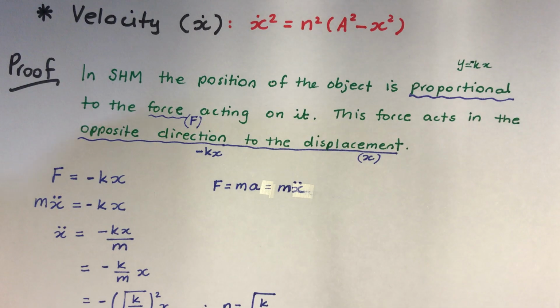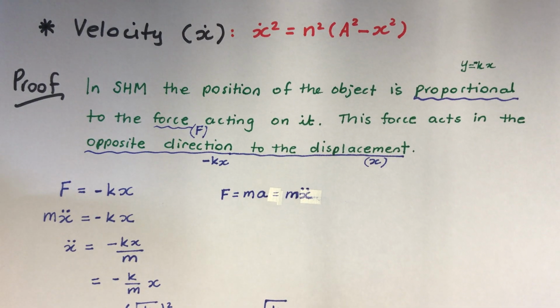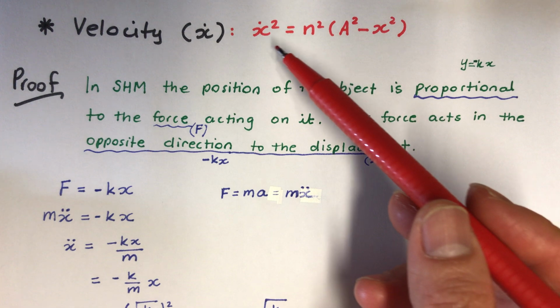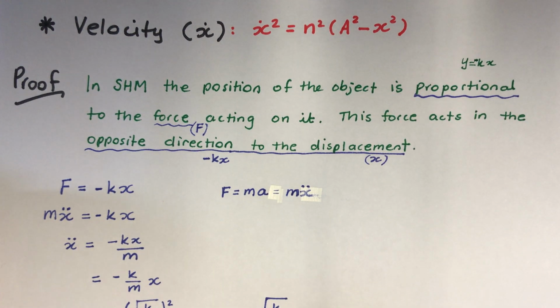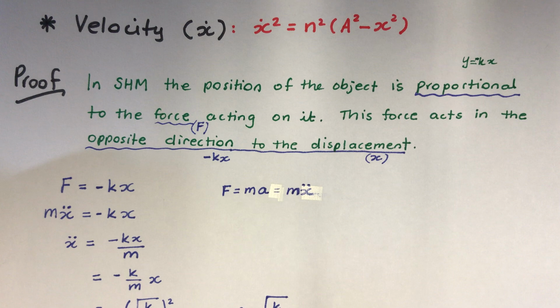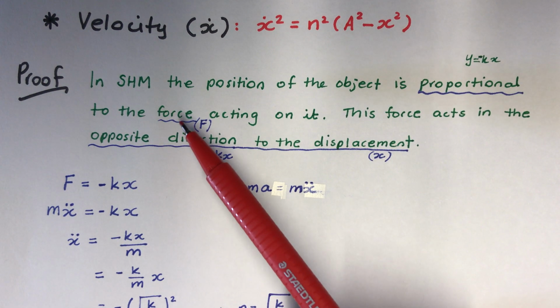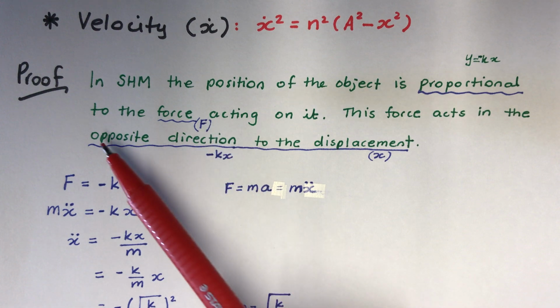Okay, we just looked at the acceleration, now let's have a look at the velocity. So we need to prove this. In simple harmonic motion, the force acting on the object is proportional to its displacement. This force acts in the opposite direction to the displacement. So I'll put the force as a capital F, opposite direction.